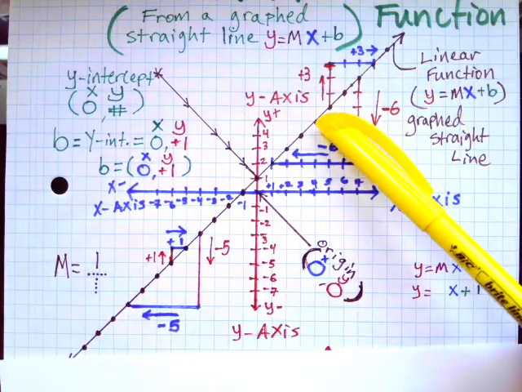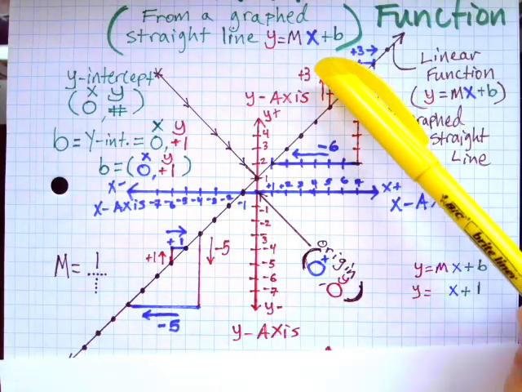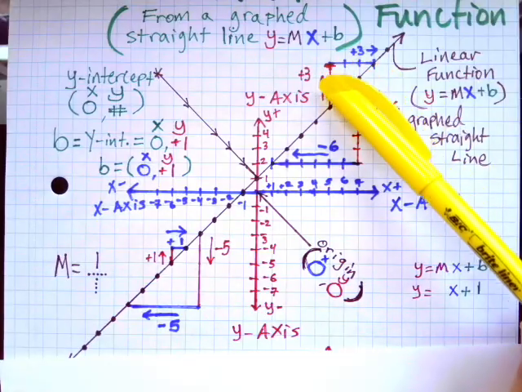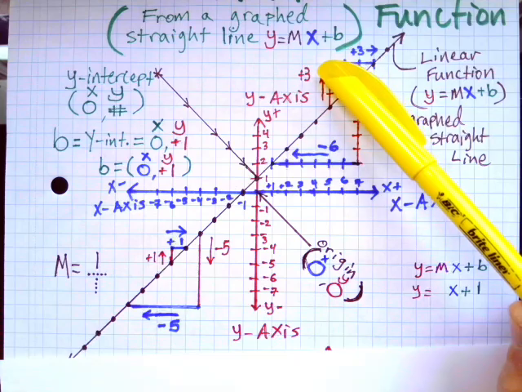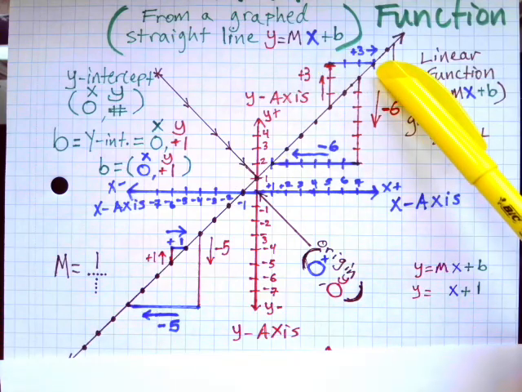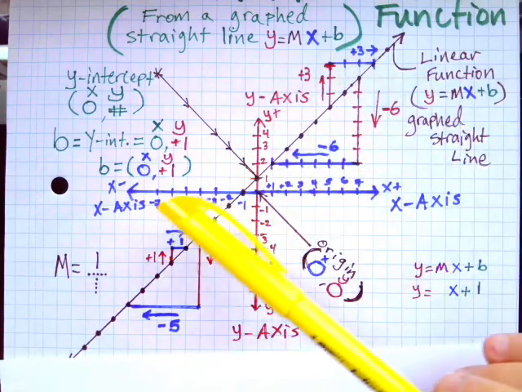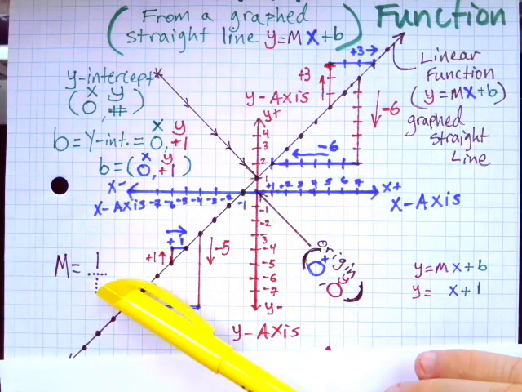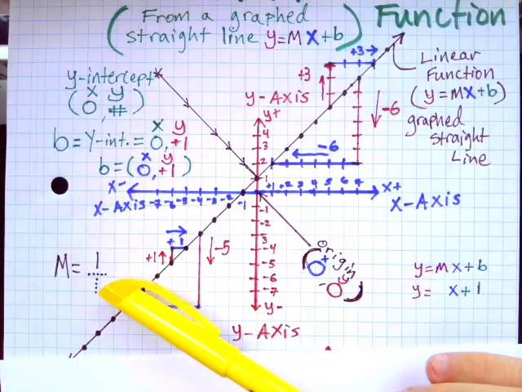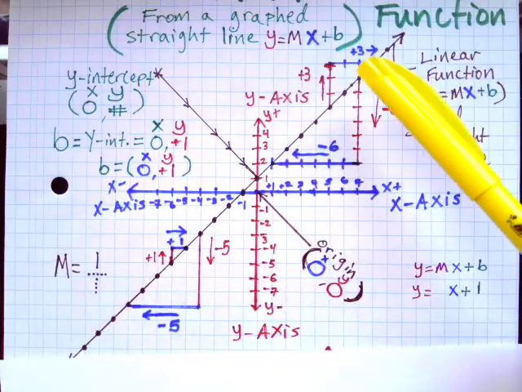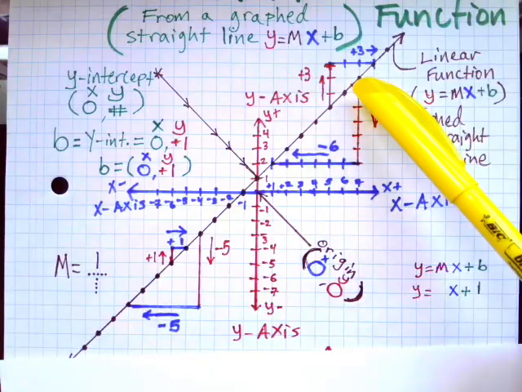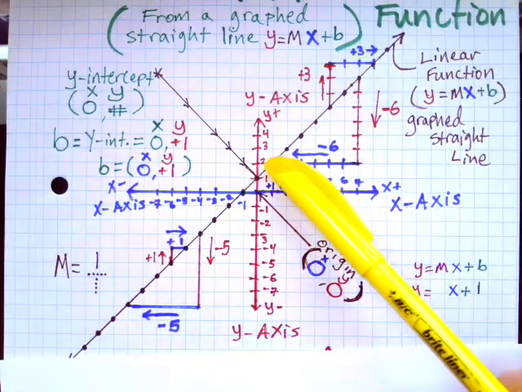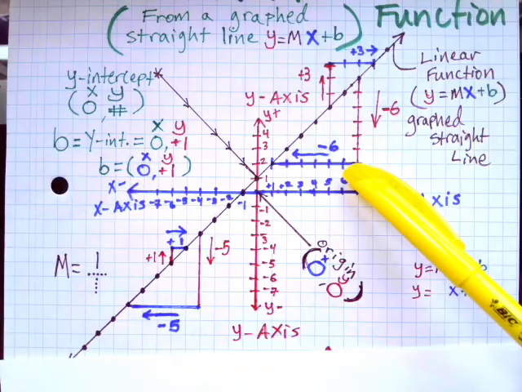And you can go from an ordered pair to an ordered pair to show the slope. And in this example, 3 for y, 3 for x, 3 over 3 reduces down to 1, or 1 over 1, right? We have a y over x value. Okay? Or you can go down from ordered pair to ordered pair, right?